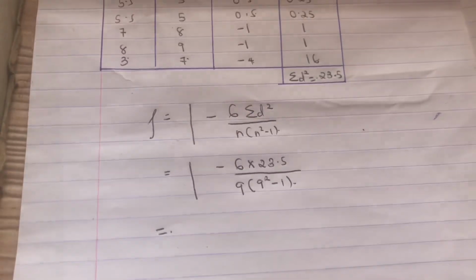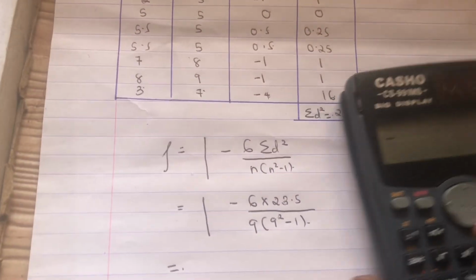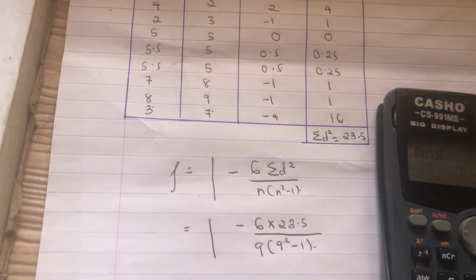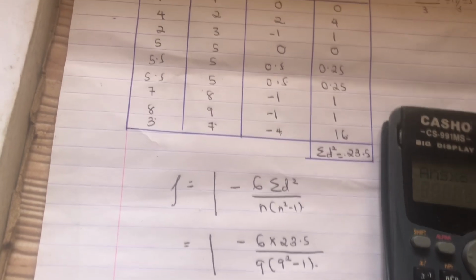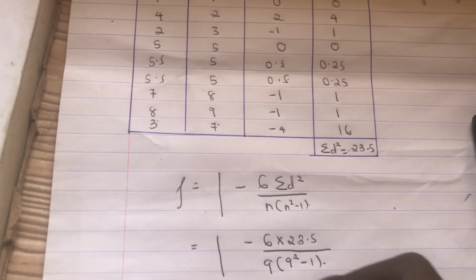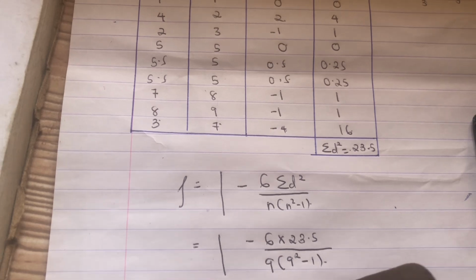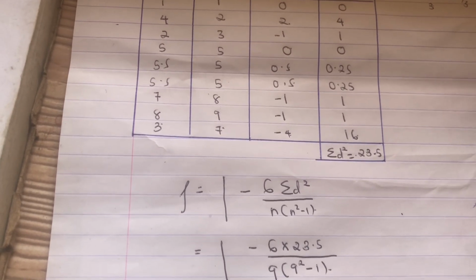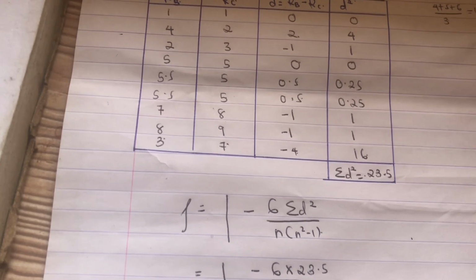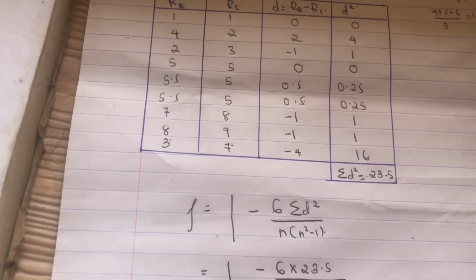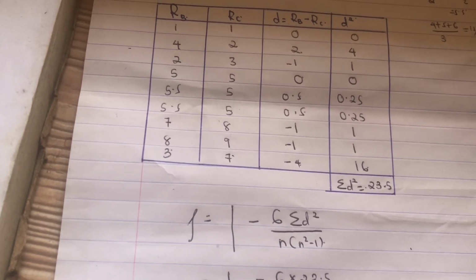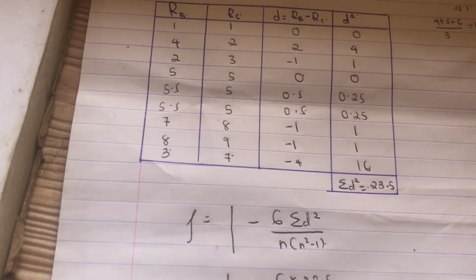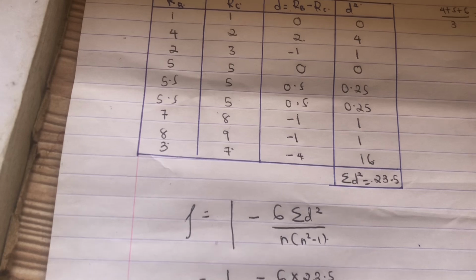When we put this in our calculator, 6 times 23.5 is 141, and the whole of this, 9 into 9 squared minus 1, the answer is 720. So we divide 141 by 720, and then take 1 minus the answer.